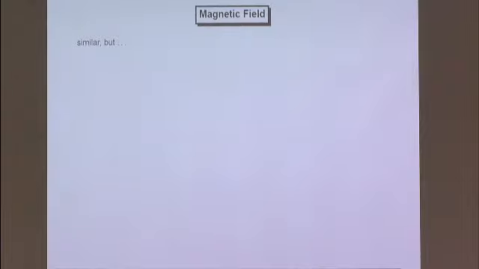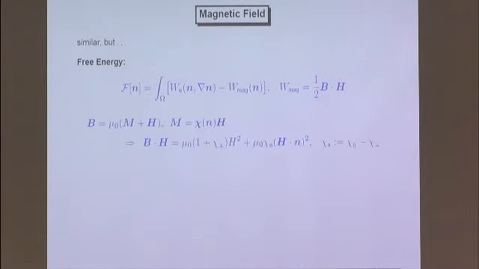The inclusion of a magnetic field is very similar, but there's one key difference. The modification of the free energy is similar. You must include a term related to the magnetic energy density. The magnetostatic relationships are very similar to the electrostatic relationships, and I've written them out there.